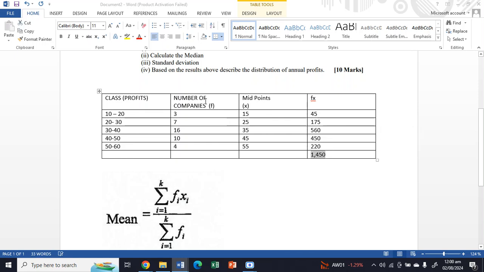So we have our numerator, and this 1450 is going to be here in the numerator. And the denominator, when we add up these frequencies, is going to give us 40. 3 plus 7, 10. 10 plus 16, 26. 26 plus 10, 36. 36 plus 4, that is 40.